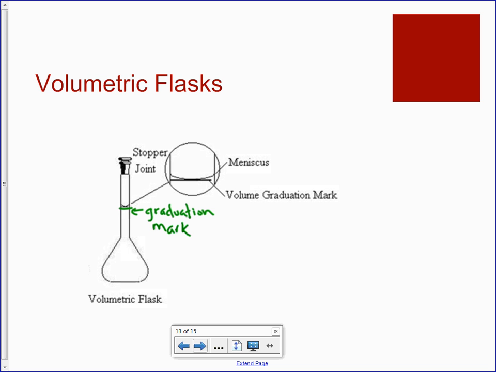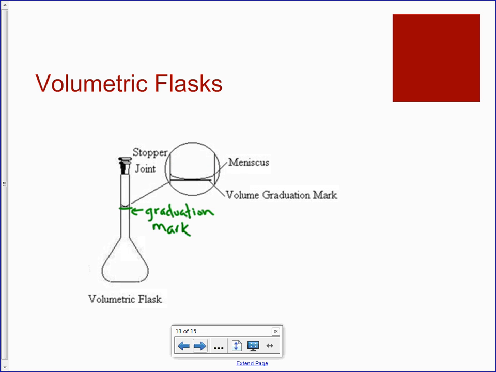And we basically want the bottom of that meniscus touching the top of that line. We don't want to overfill our volumetric. If it goes too high, so if that meniscus is way over that line, it will throw off the concentration of our solution and it will not be accurate.